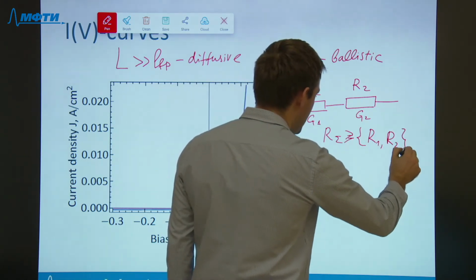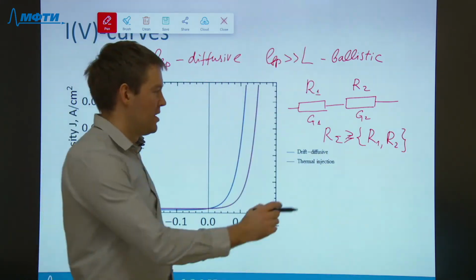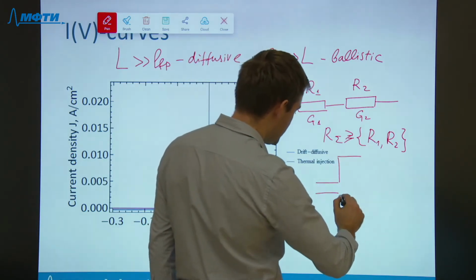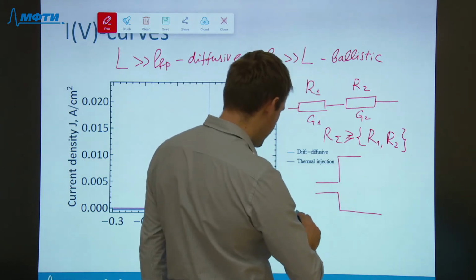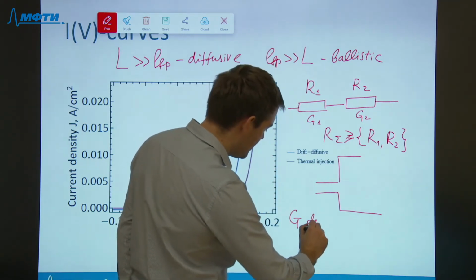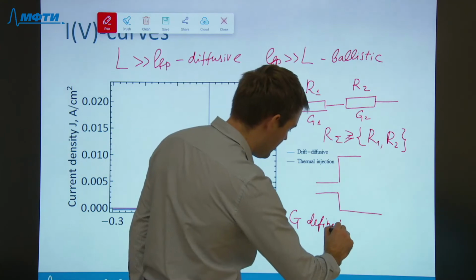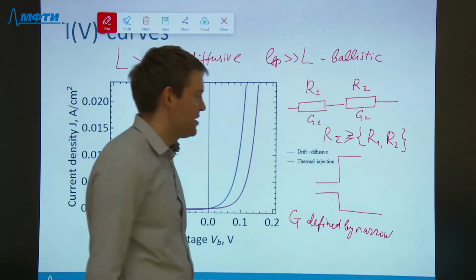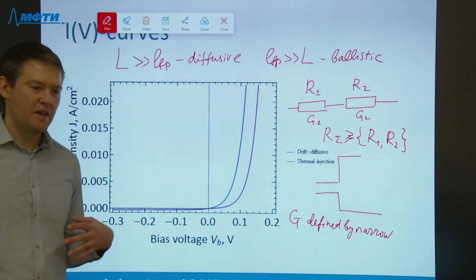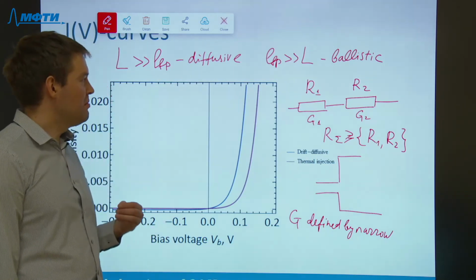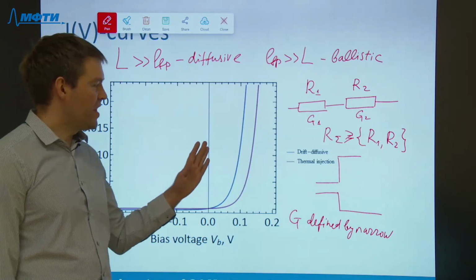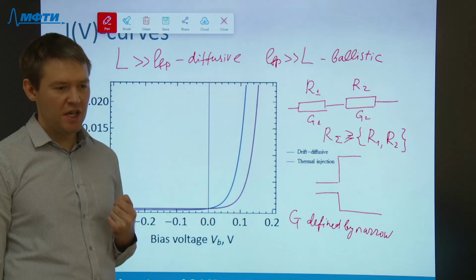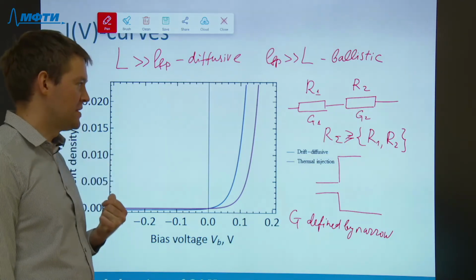And more generally, if we have some structure with a narrow section and a wide section, then its conductance is defined by the narrow one. Why am I telling you about that? Because the minimum of the two currents will in most situations give the correct result.